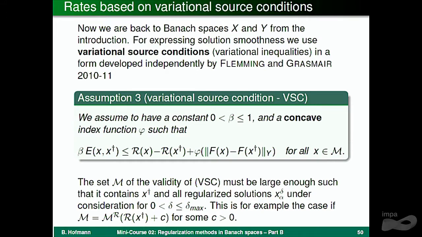And yeah, if M is the whole space, all is fine. Then you have no problems with this. For example, if M is the level set of this R of the solution, this R of x dagger is here always the R-minimizing solution, the smallest value. If you have a little bit more than this, epsilon or C more, and you need these level sets here, and you can show it for all level sets, then all is fine and all works. This is the simple situation you have here.